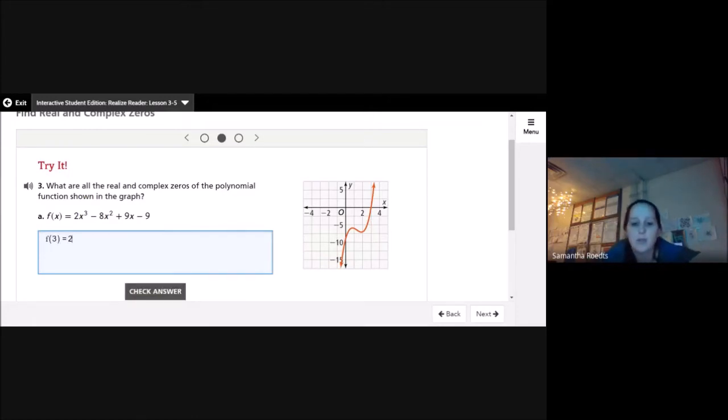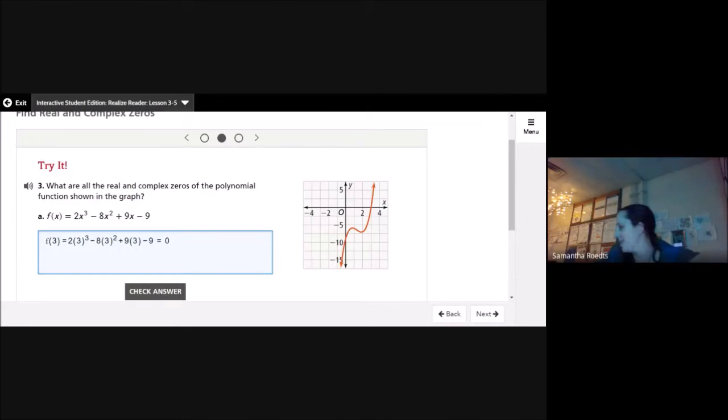So f of 3 equals 2 times 3 cubed minus 8 times 3 squared plus 9 times 3 plus 9. 3 cubed times 2 is 54, minus 8 times 9 gives me 54 minus 72, which is -18, plus 9 times 3 gives me 9, plus 9, which is 0. Equals 0, so that is a zero.